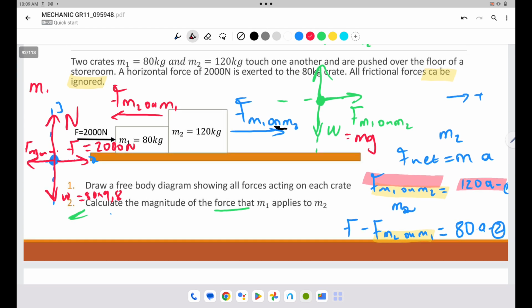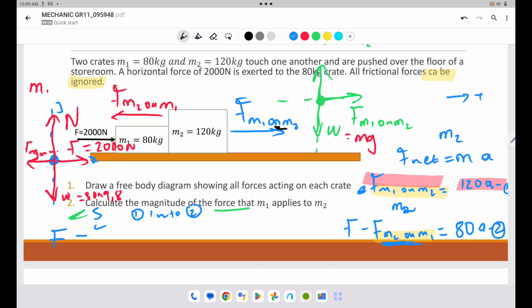Okay, so I'm going to do this slowly. I'm going to substitute 1 into 2. What do I mean by substituting 1 into equation 2? What I mean is, where I see this force, I'm going to place that one because they are equal.